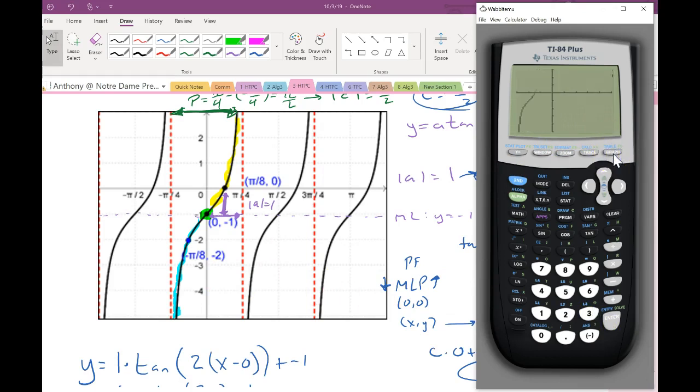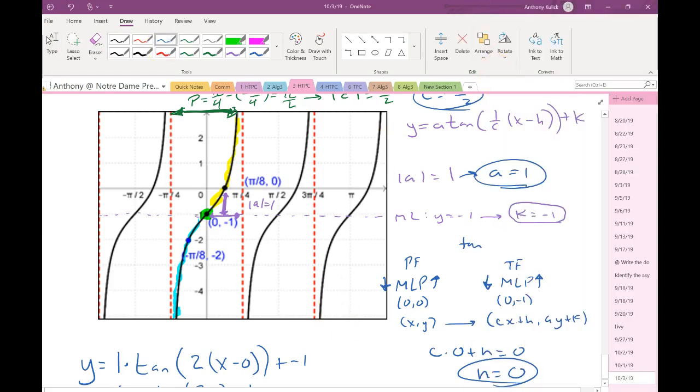So let's hit graph and see if this looks like what we got here. Boy, I'd say that's pretty good, right? Looks just like it. Short of having the asymptotes drawn in there for me. Does that feel okay with you guys? Well, that's all I want to do. Yeah, I think so too.